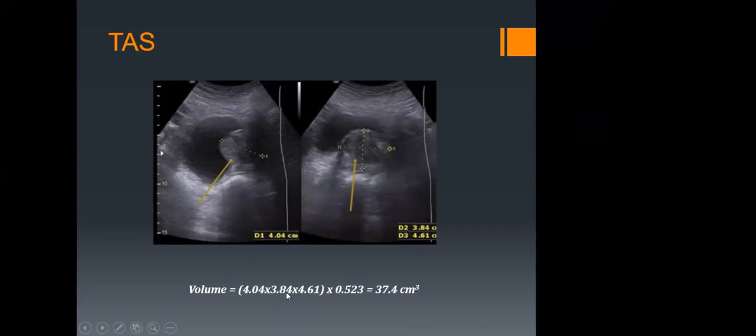You just multiply them, and then what you get, you multiply it by this figure. Now, particularly for this one, this is what it is able to give. Here I'm only demonstrating if your machine is unable to give you volume at once. That is for this transabdominal, sorry.